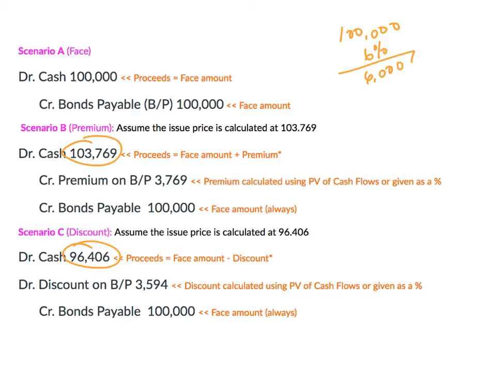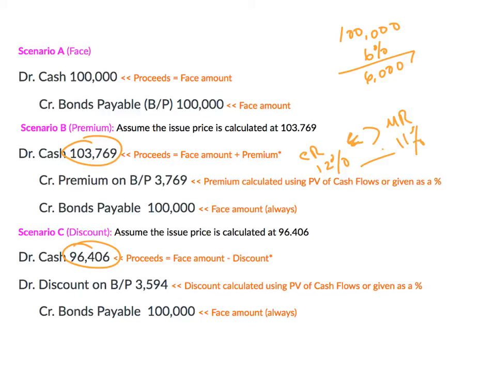And so given that, in the case of the premium in this situation, the contract rate, as we said before, is actually 12%, and actually the other way around, the market rate is only 11%.